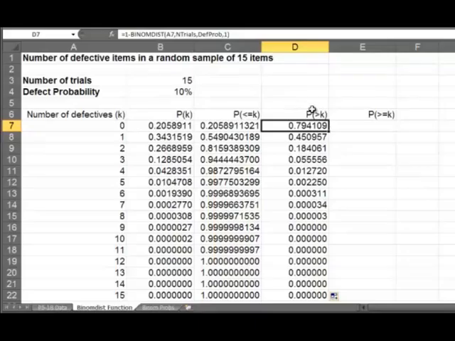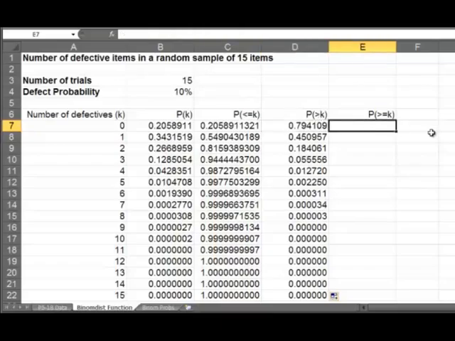And it has to do with the fact that I want the probability of being greater than k, and I'm going to contrast that to the probability of being greater than or equal to k. The difference here, of course, is that in this first case, probability of being greater than k, I don't want to include the probability of being at k in this result.